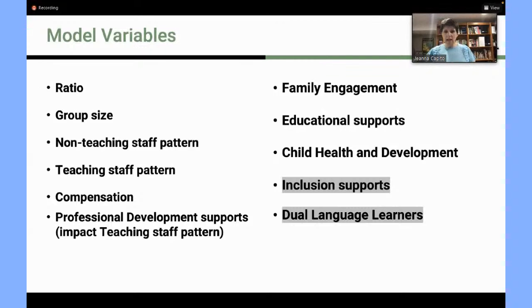We're going to look at a slide and see how that value differs for a Title 22 program meeting base quality and a Title 5 program meeting base quality. But this is a reminder of those variables, because there's the core model functioning, and then you make these selections of the variables. All of the variables, with the exception of inclusion supports and dual language learner, are turned on in the base scenarios that we're running and what we're looking at today.